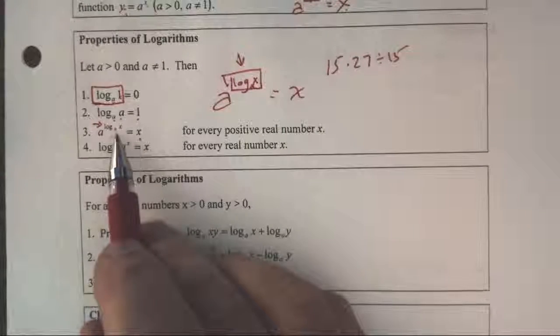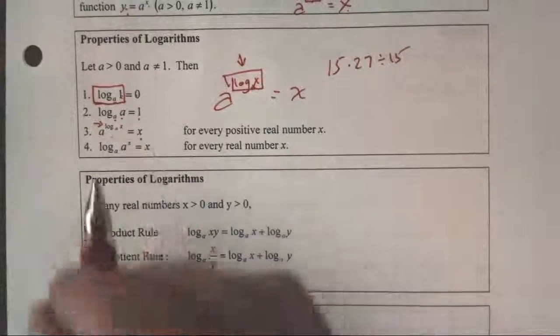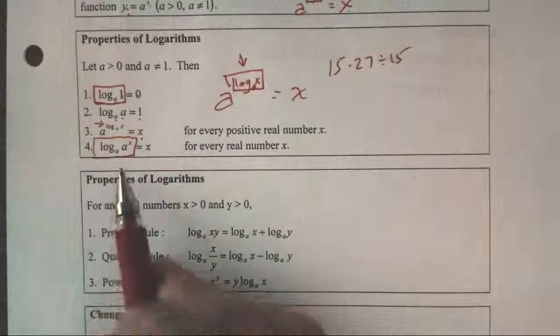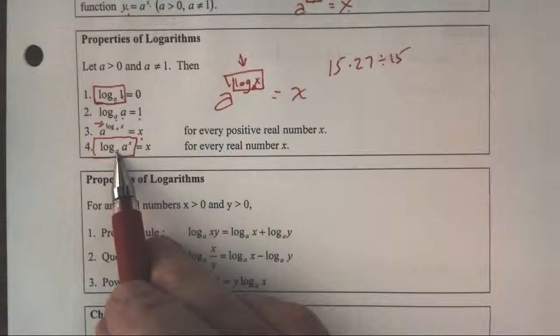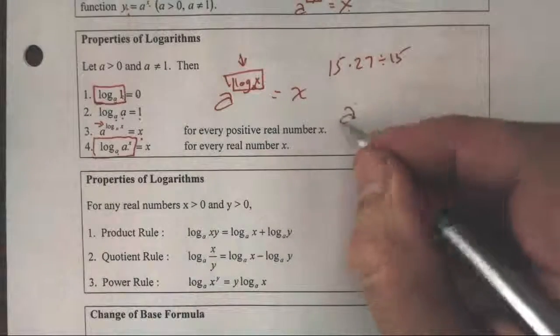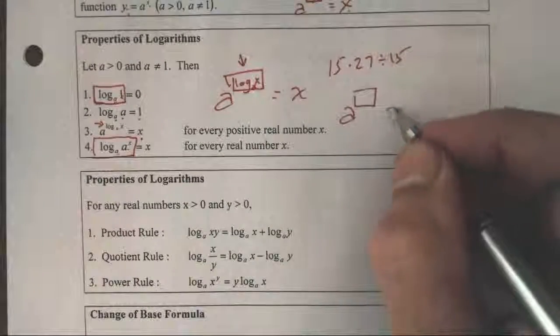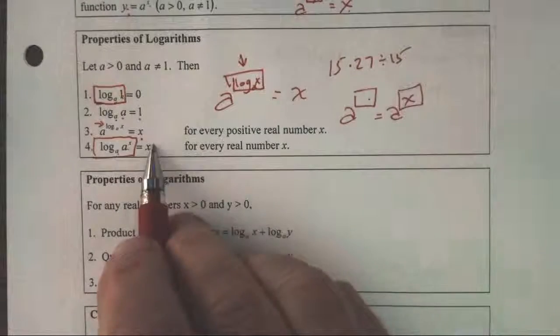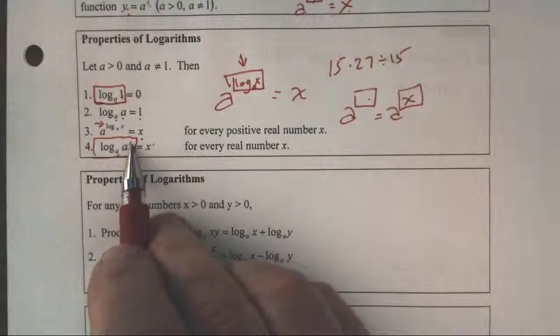Oh, are you kidding me? Why would you waste my time with that? Likewise, this whole thing is the exponent that would turn a into a to the x. So I need an exponent that would turn a into a to the x. Well, of course, it's just x.